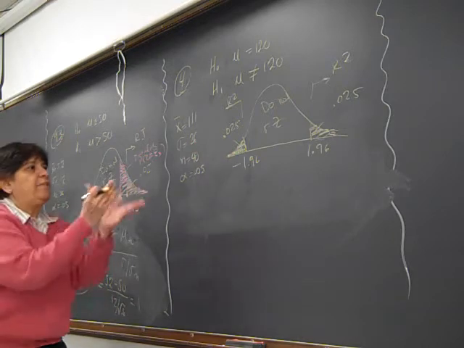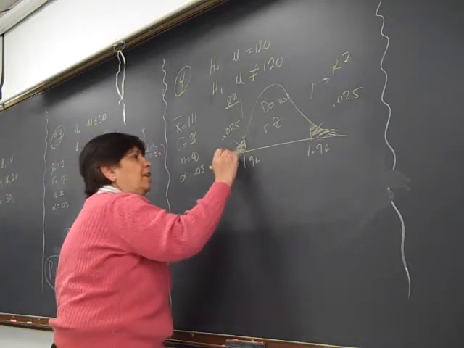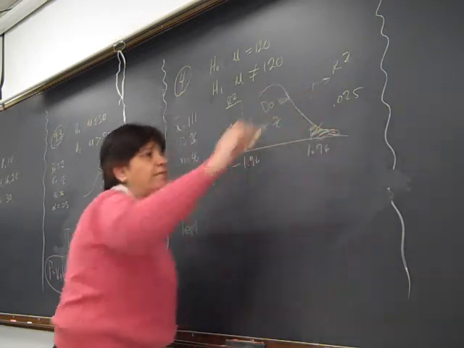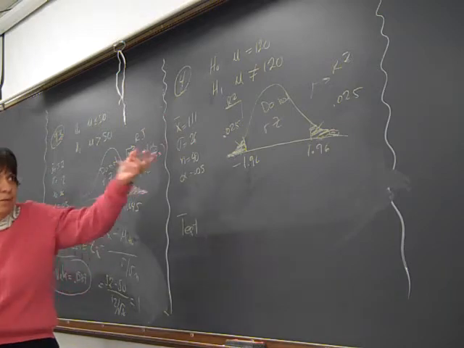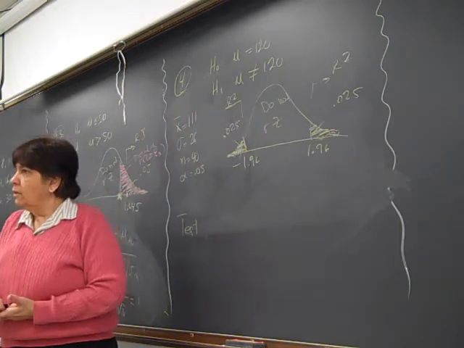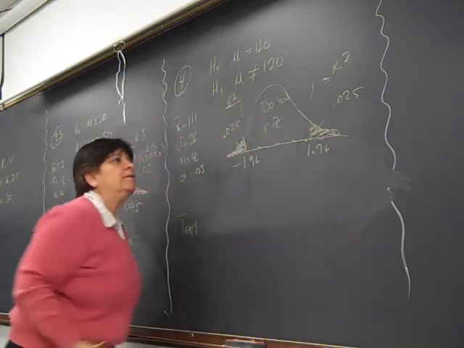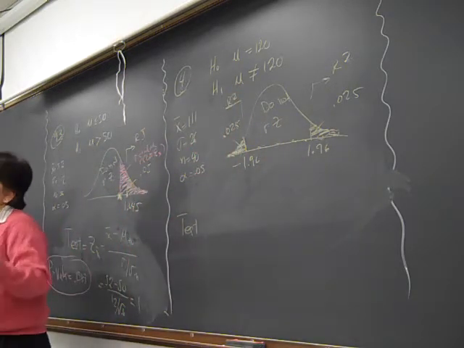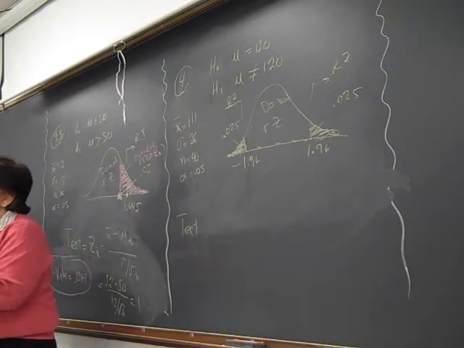If my test value is over here, or over here, or whatever it is, in the shaded area, we reject. That's a rejection zone. But if my test value is any place over here, we do not reject. Easy. Guys, this is pretty easy.